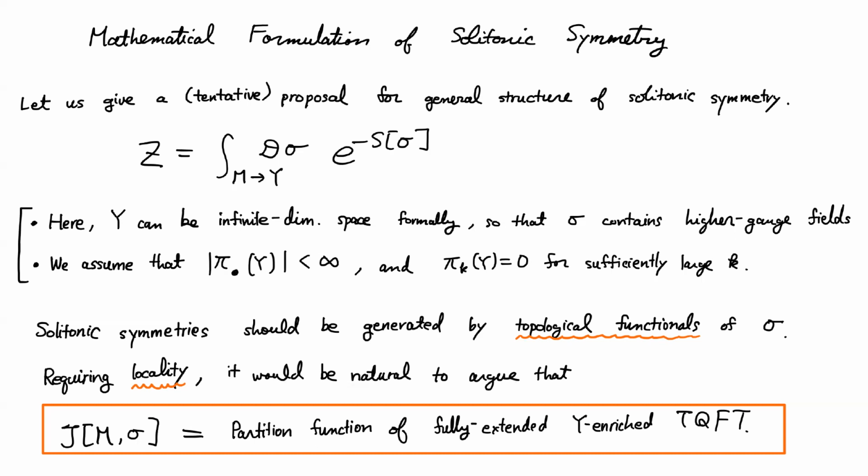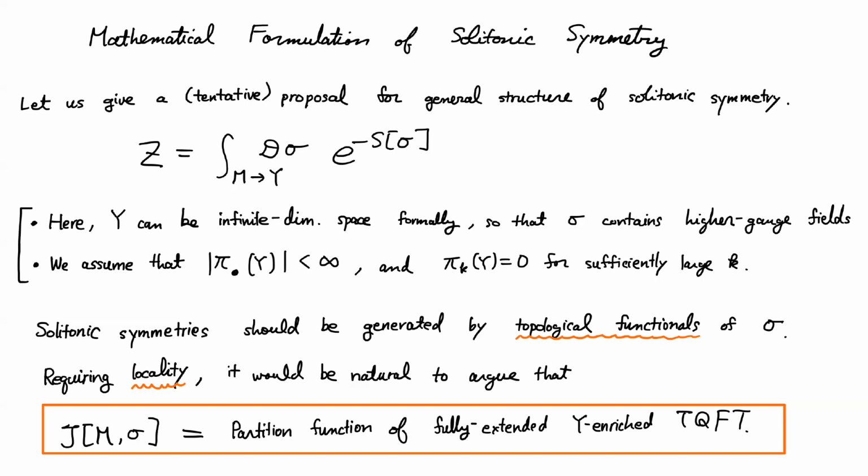When we have topological solitons and would like to discuss solitonic symmetry, the corresponding symmetry generator should be a topological function depending on the sigma model field. Furthermore, for this kind of topological function, we would like to assume the presence of a notion of locality, and this requirement of locality gives us a very strong constraint.